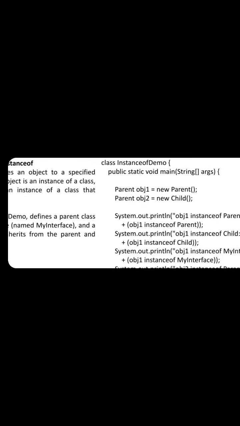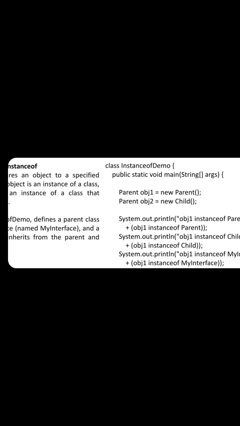Then in another statement he defines System.out.println object1 instanceof Child. Object1 is not an instance of Child, so the answer will be false, because object2 is the object or instance of Child. So how do you check an object which is created through a particular class?